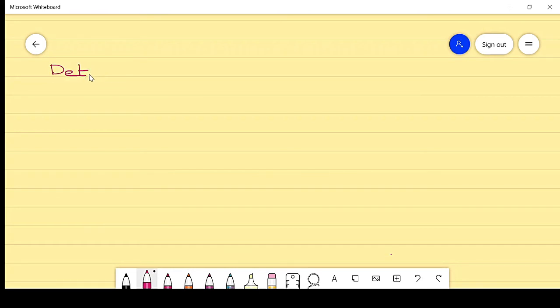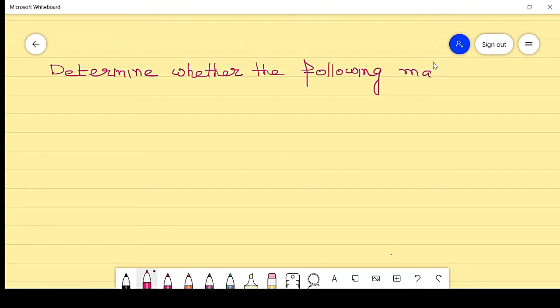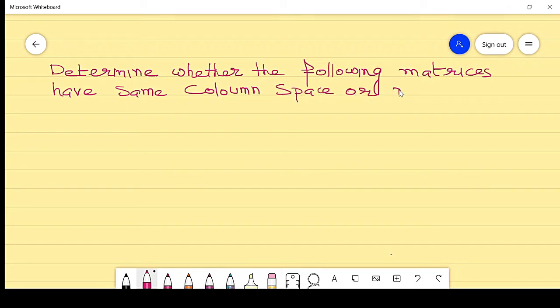Now what is determine? So determine whether the following matrices have same column space or not.